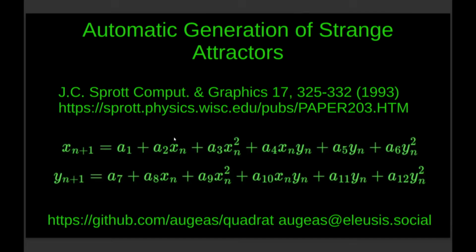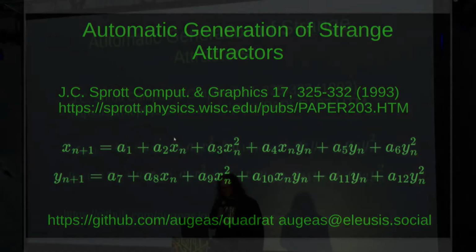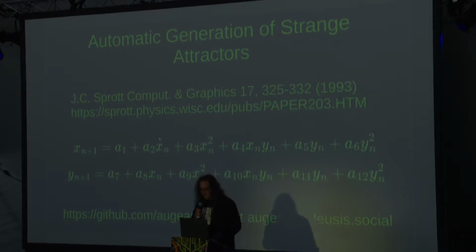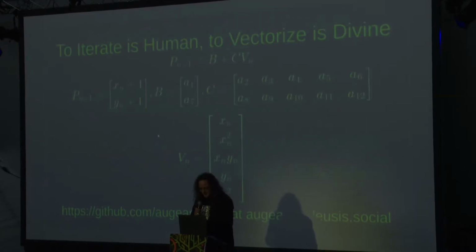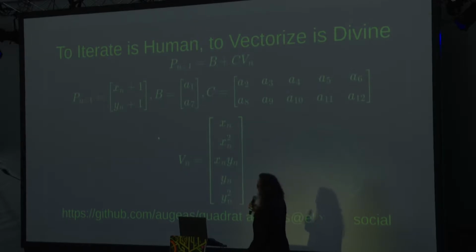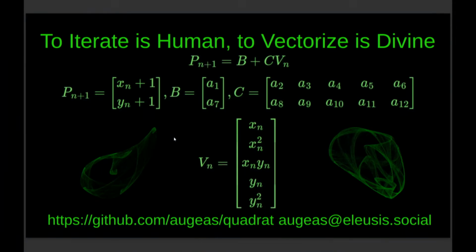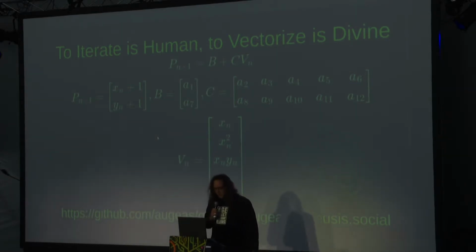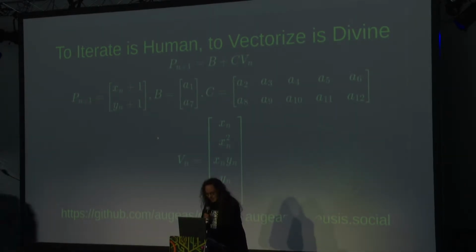X of n plus 1 is coefficient A1 plus coefficient A2 times xn, and so on and so forth, if you want to think of it that way, which I personally do not. I would rather a nice, neat, vectorized matrix operation which allows me to try out many different sets of these 12 coefficients all at once.